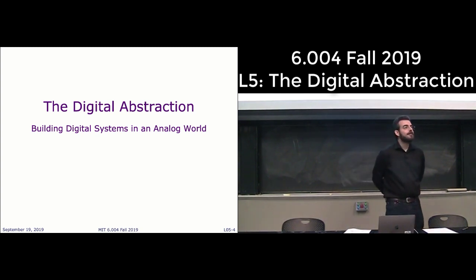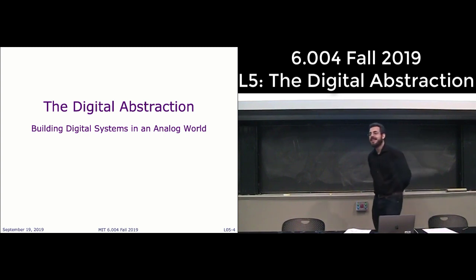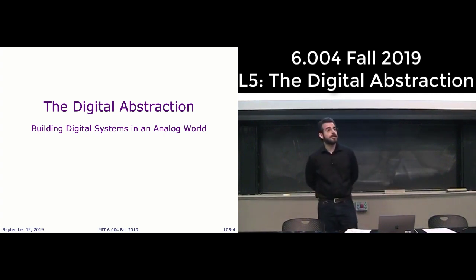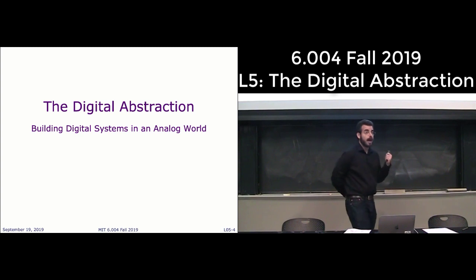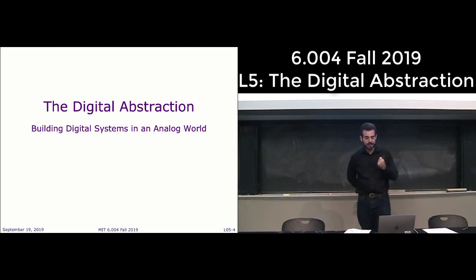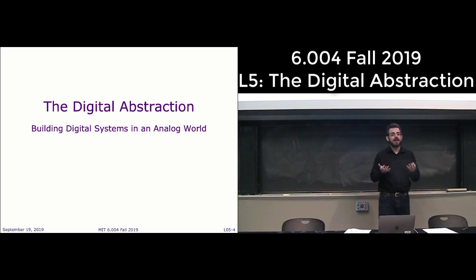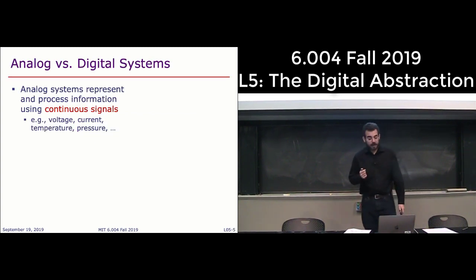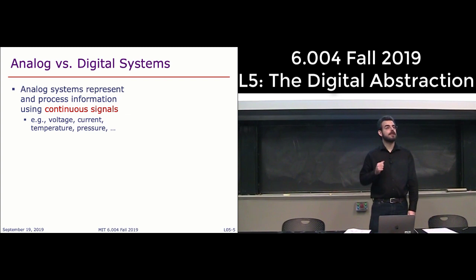So our ultimate goal is to build systems that process and store information, and that do so both reliably and cheaply. Right? We want to build really cheap systems, as inexpensive as possible, that don't break, or where the signal or the data doesn't degrade over time. And so broadly, there are two classes of systems. First, we have analog systems that essentially represent and process information using continuous signals.